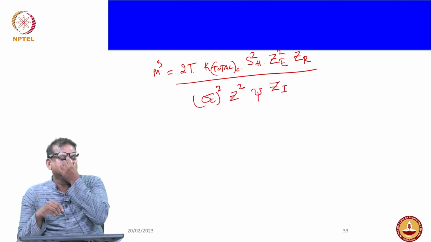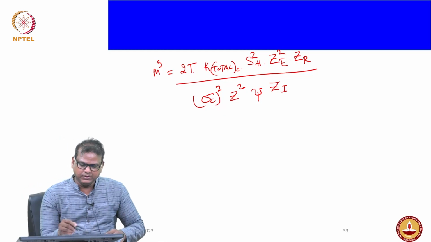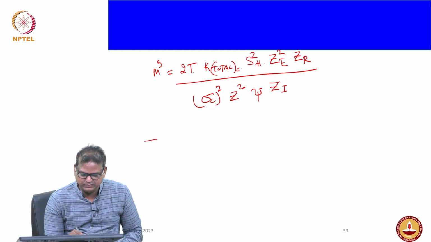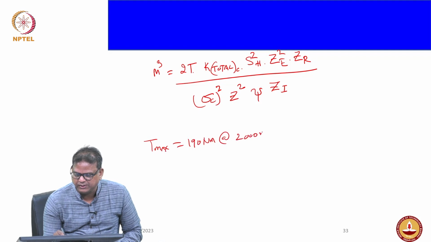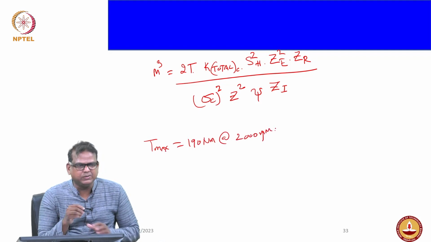Okay. So the question is, we need to find out what is the torque here. T max is given as 190 Newton meter at 2000 rpm. So what happened to the torque here?